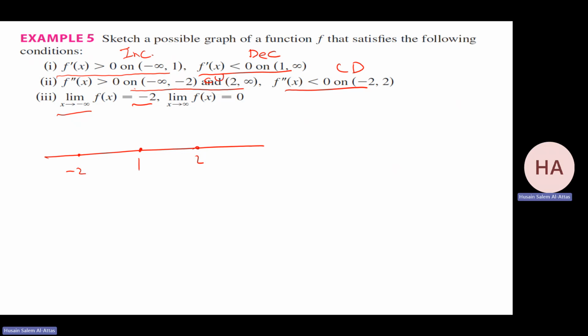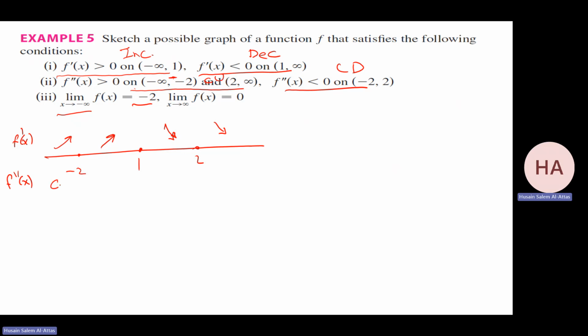So before 1, I'll do the sign of f prime above the line, the sign of f double prime below the line, so that I can do it. And the same thing. So before 1, the function is increasing. After 1, the function is decreasing. It's concave up from minus infinity to minus 2.